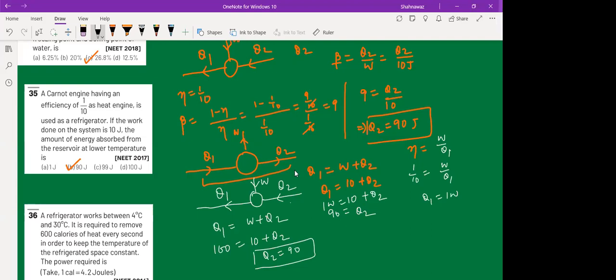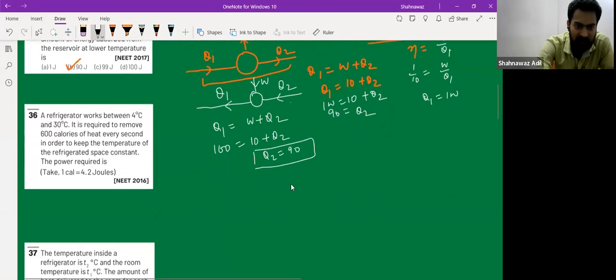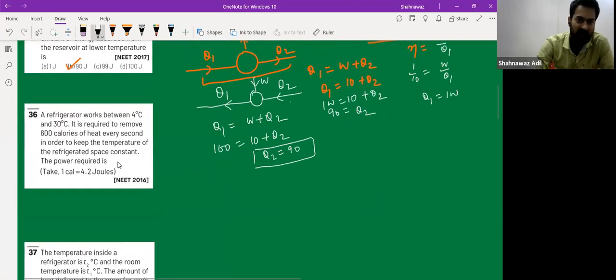No, sir. Okay. Now let us come to this question. Our refrigerator works between 4 degrees C and 30 degrees C. So what is T1 and T2 here? T1 is 30 degrees, and T2 is 4 degrees.